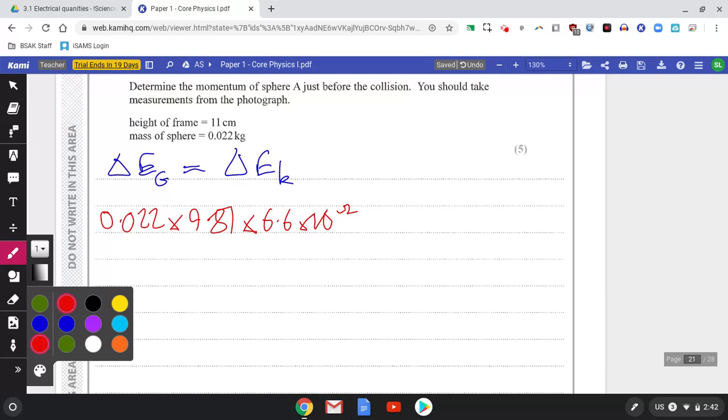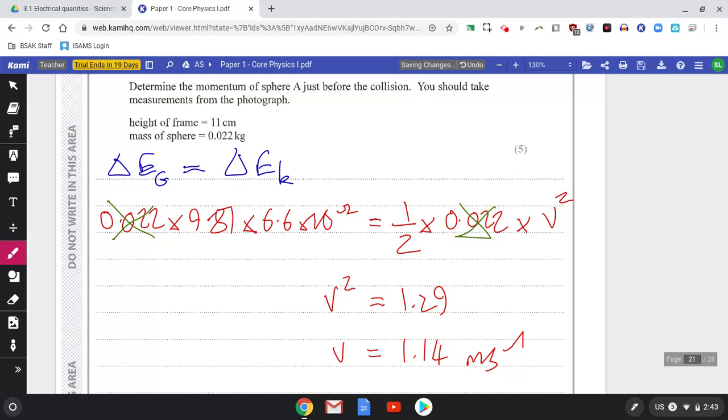That equals a half times the mass times v squared. Now, if you write it out like that, that's quite nice because the masses cancel from the calculation quite efficiently. So we're left with v squared is 1.29 and v is equal to 1.14 meters per second squared. Sorry, meters per second.